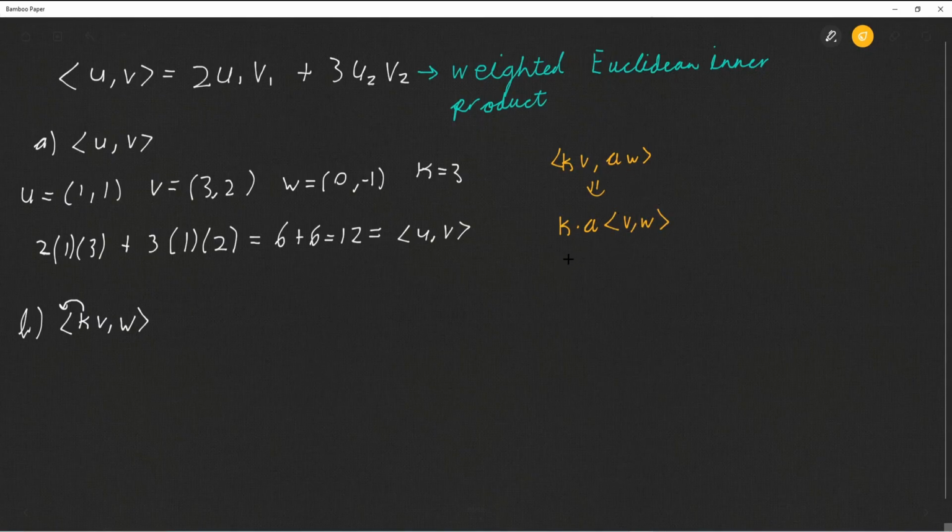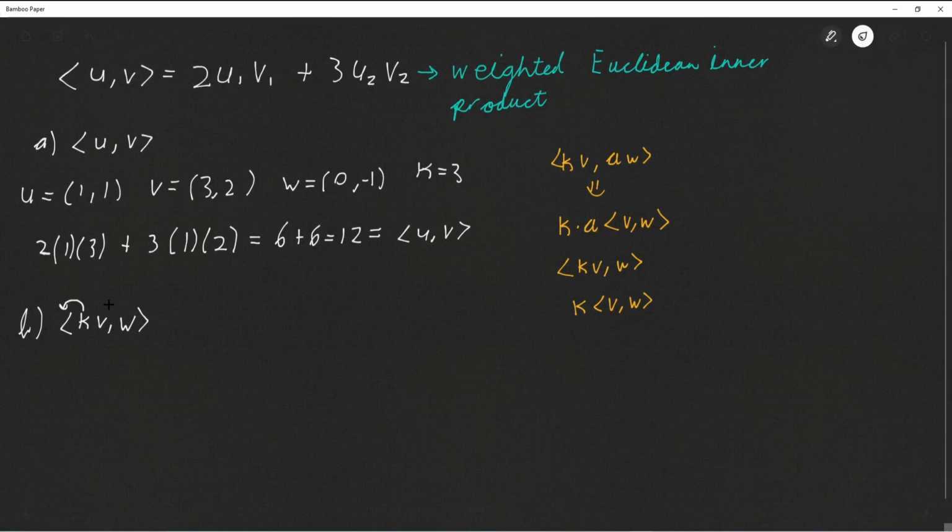As well as if we just had k multiplied by v and w, we're able to just take out the k, making it k multiplied by the inner product of v and w. So if there's a constant in front of your vectors, then you're able to just factor them out and then multiply them together if there's 2 of them.